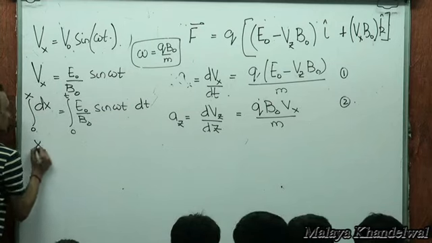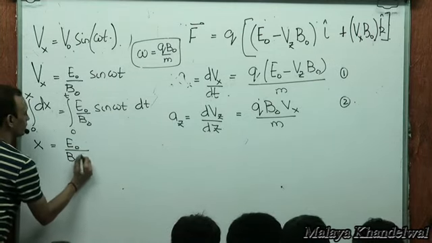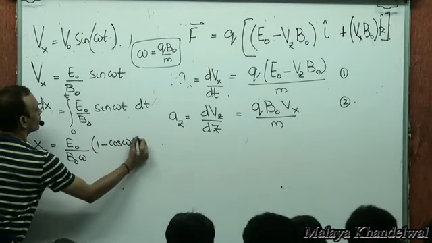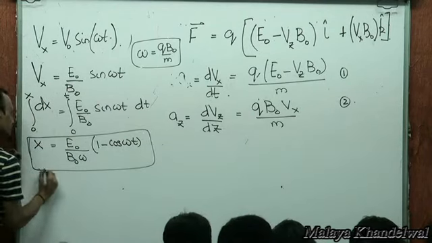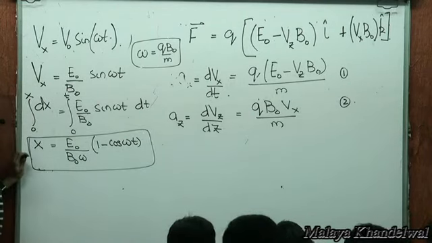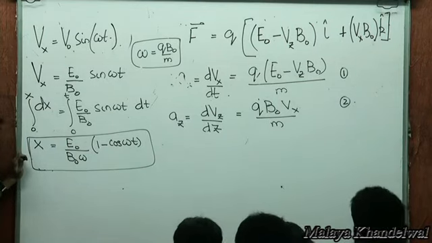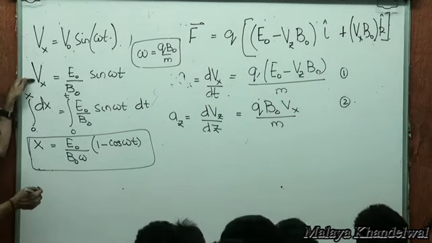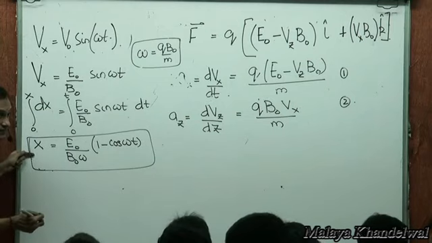This will give me x equal to E0 by B0 omega into 1 minus cos omega t. That's the x coordinate of the particle as a function of time. Yes or no? Now, I know the x component of the velocity at any given instant of time. I know the x coordinate of the particle as a function of time.